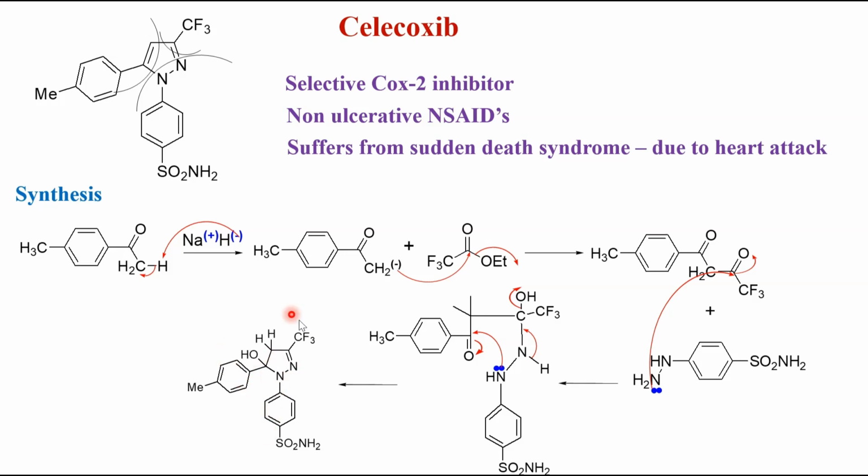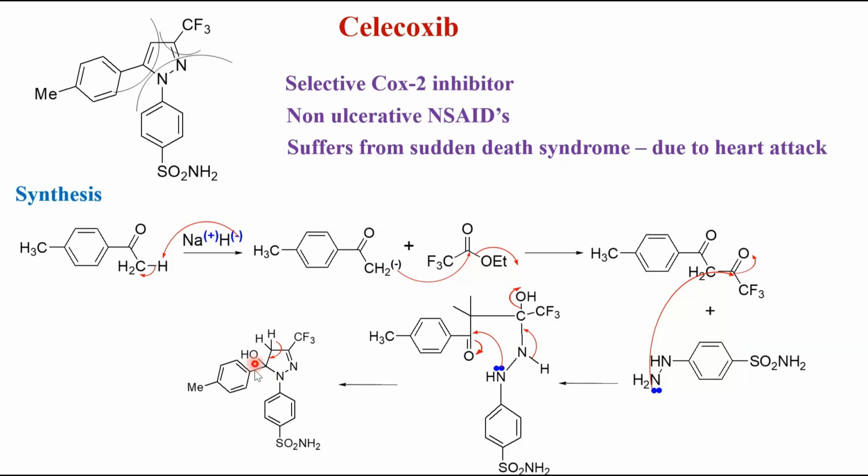Now it undergoes aromatization for its stability. The carbon hydrogen bond breaks, and thus electrons are utilized to form the double bond on the adjacent carbon. Once it forms the bond, this becomes pentavalent. It has lost its valency. That's why it has lost its stability.